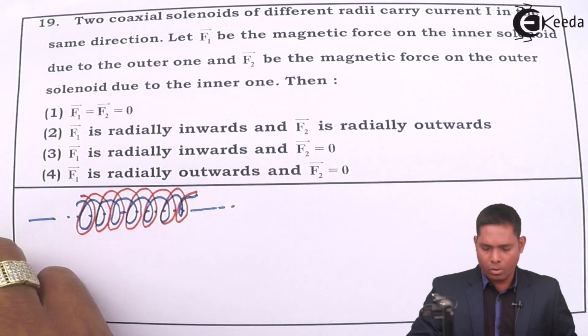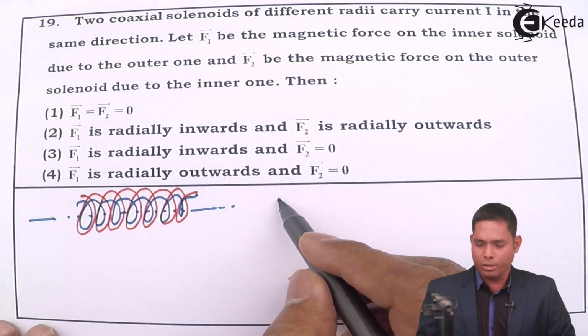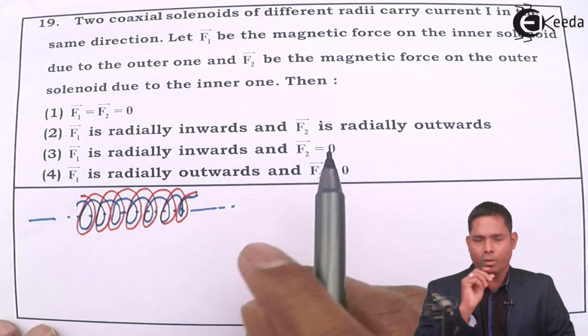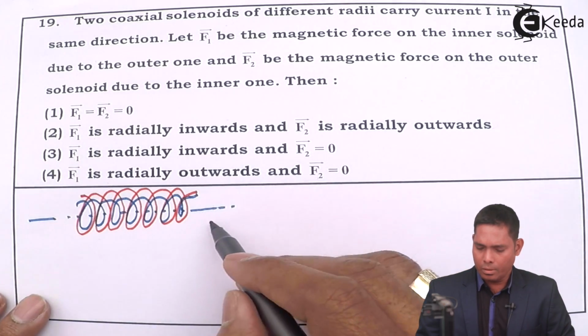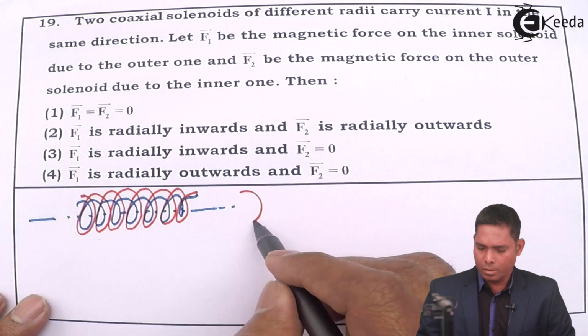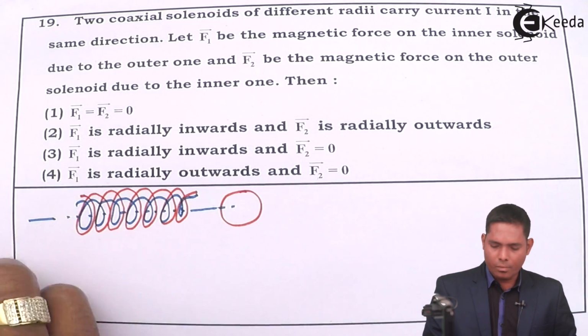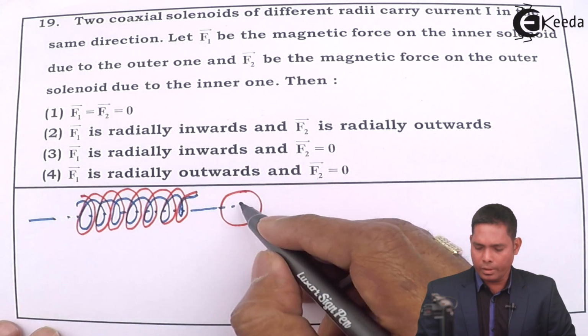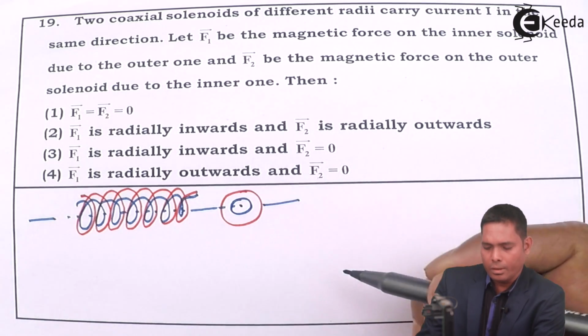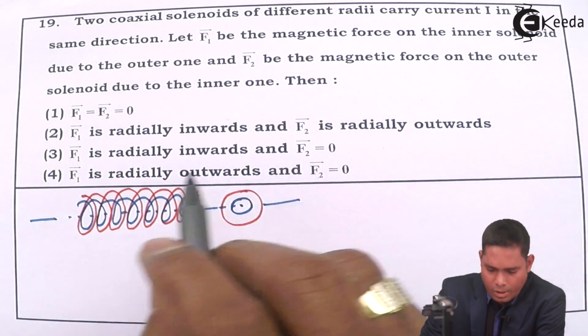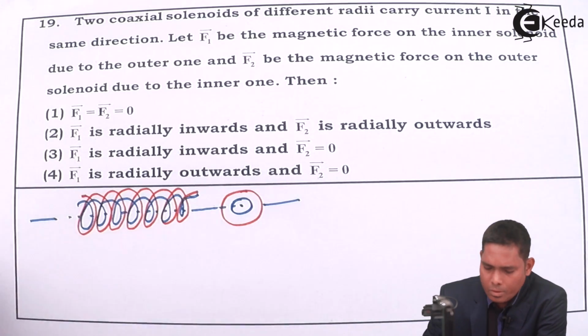So if I draw just one part of this, the front view, you will have it like this. This one is for the outer solenoid, and this is for the inner solenoid. Okay, now they have different radii.